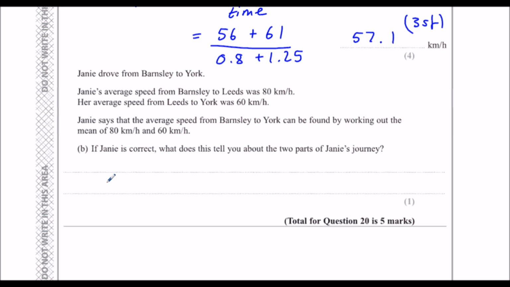If Janie is correct, what does this tell you about the two parts of the journey? So the time taken must be the same. So if both journeys were 1 hour, that would mean that the average speed was 70 kilometers per hour.